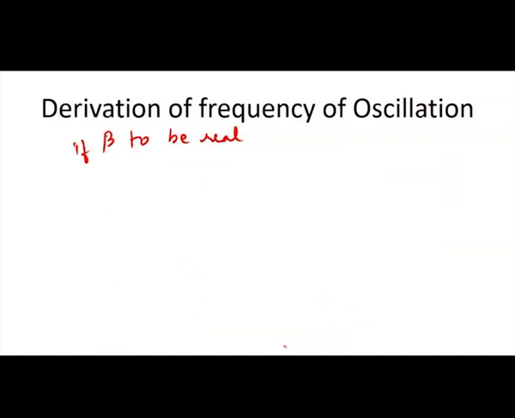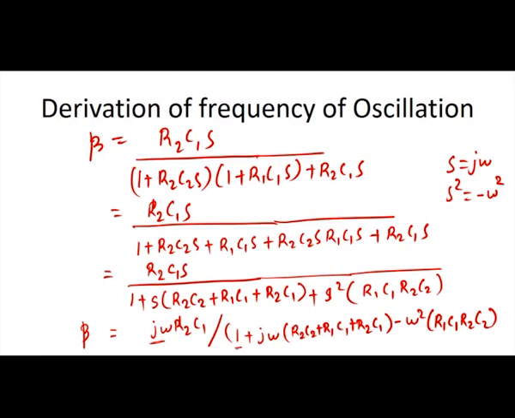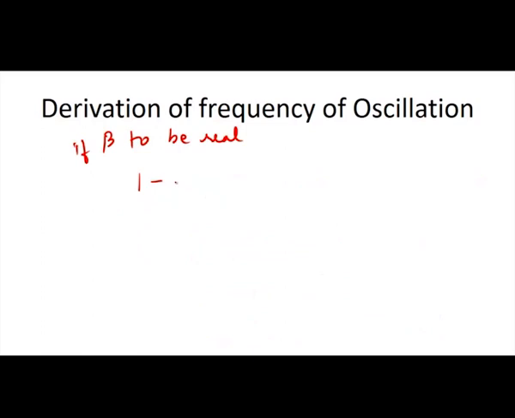So only the real part can be equated to 0 now. So what is the real part? It is 1 minus this term, omega squared into R1 C1 R2 C2, is equal to 0.